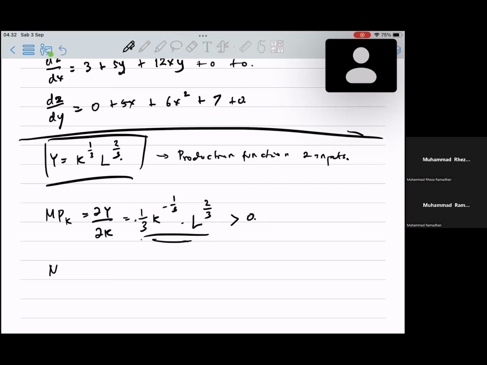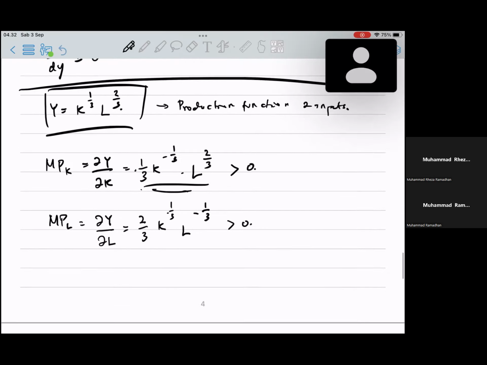And then what is the marginal productivity of labor? The marginal productivity of labor is dy over dl. So 2 over 3 k to the power of 1 over 3 l to the power of minus 1 over 3. And this is more than 0 too.